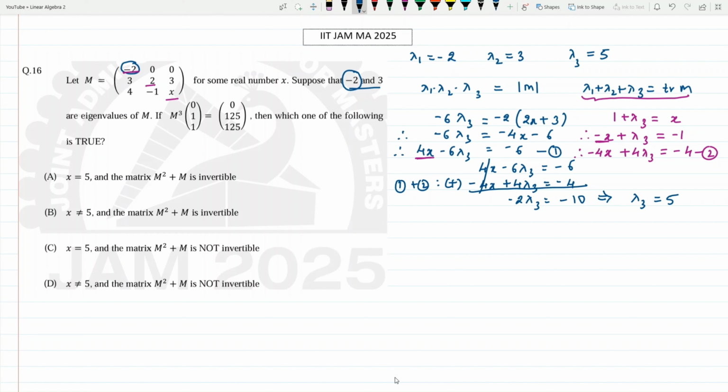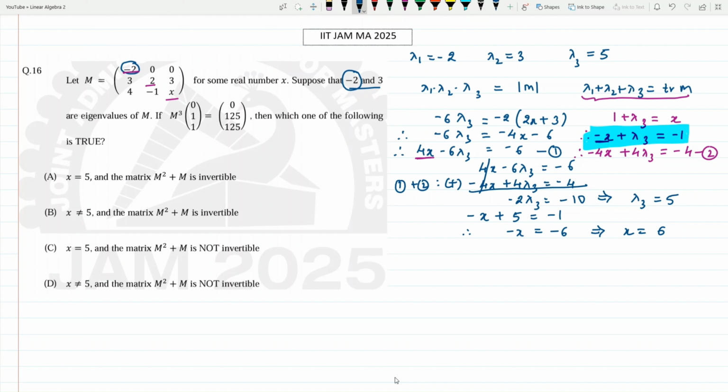Now substituting this in any of the 2 equations, we will be getting the value of x. For keeping it simple, let me substitute in this expression with smaller coefficients. So we get minus x plus lambda 3, which is 5, is equal to negative 1, and therefore we have negative x is equal to negative 6, which gives us that x is equal to 6.